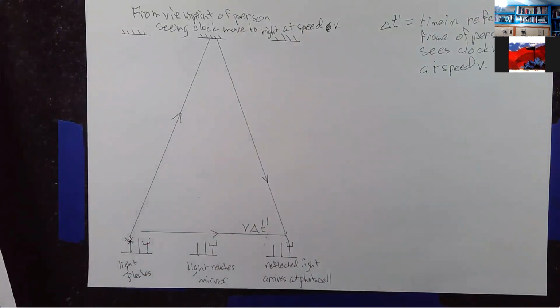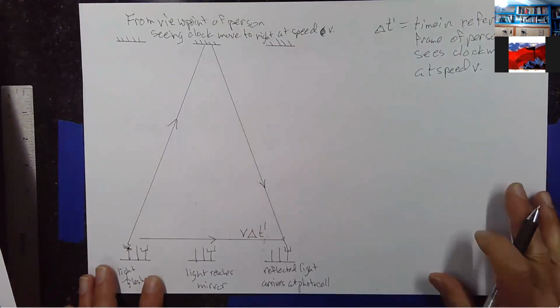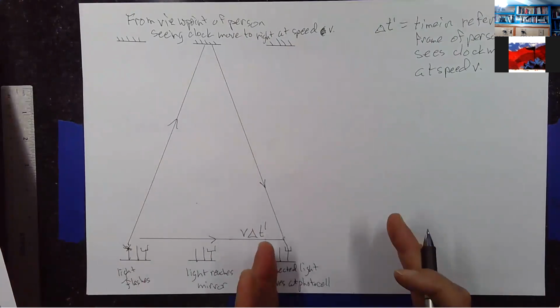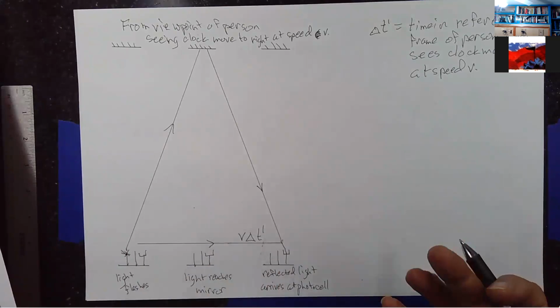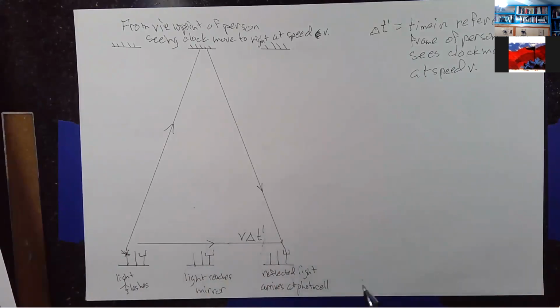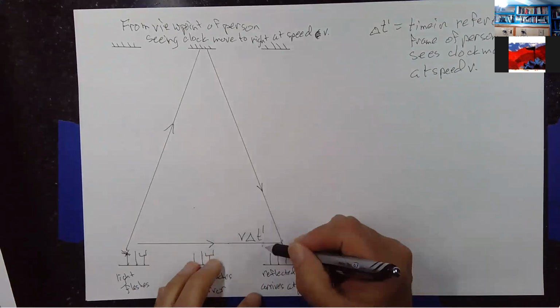And so right off the bat, they're going to say, your clock's running slow. You only get some particular time interval when I actually get some longer time interval because the light has to go farther.